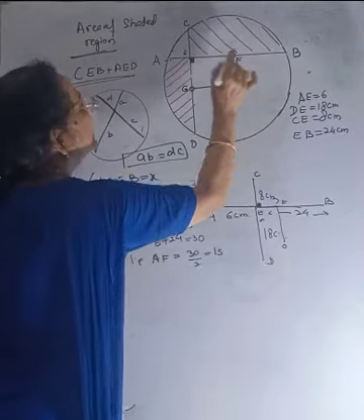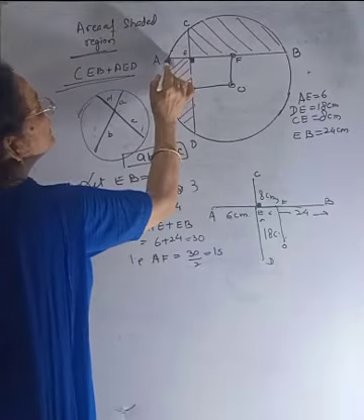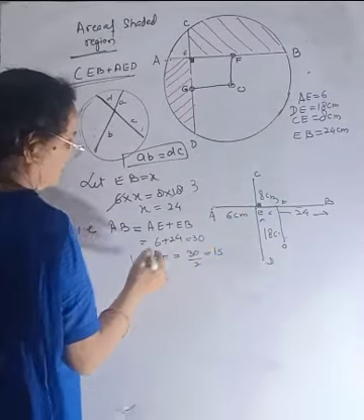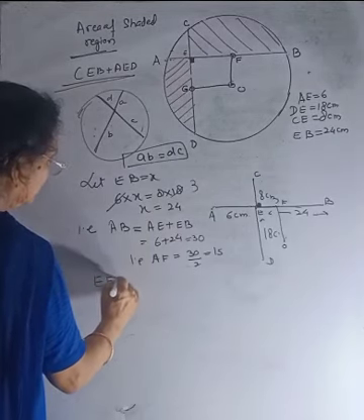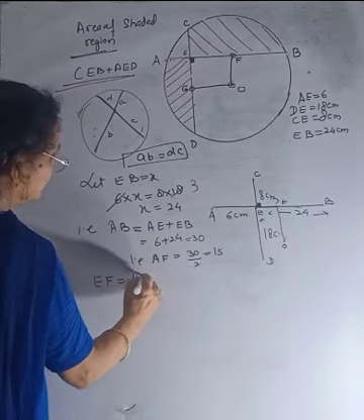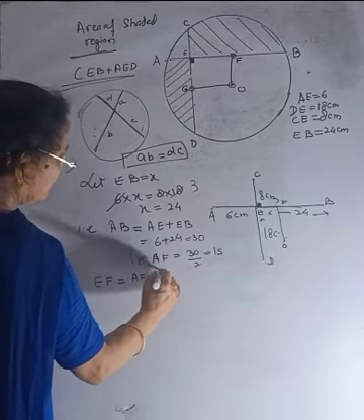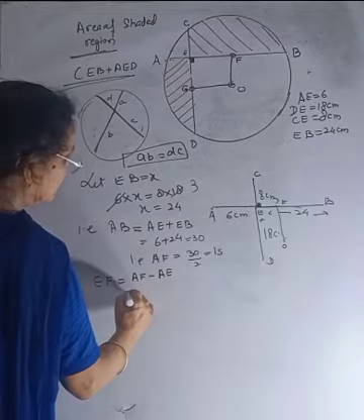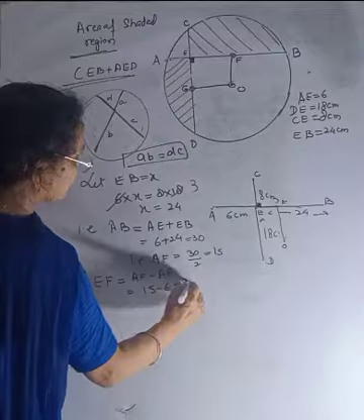Total length is 30. It means AF will be 15, out of which this 6 is already given. Now EF will be AF minus AE, that is 15 minus 6 is equal to 9 centimeters.